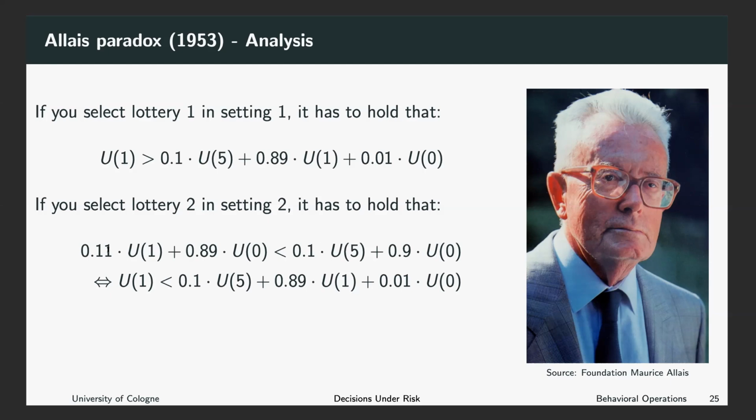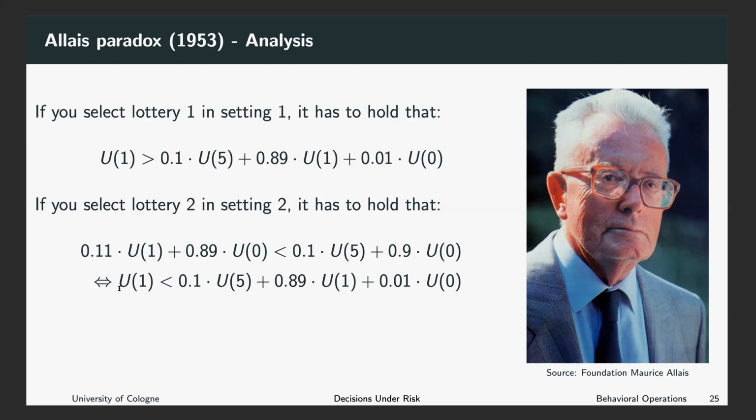And expected utility theory tells us that we can just add and subtract utilities as we want. So we can also rearrange this statement to get the following. By adding on both sides 89% times the utility of 1 million, and subtracting 89% times the utility of 0 on both sides, we get the following.